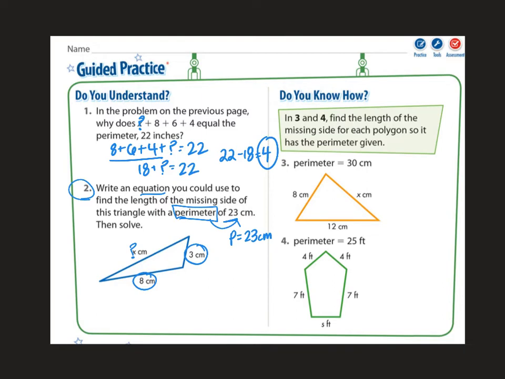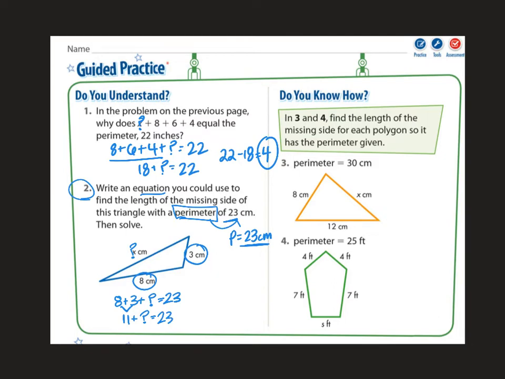So what we need to do, we can write the equation. 8 plus 3 plus something is going to equal, remember our total is 23. So if I add 8 and 3 together, that gives me 11. Plus what number is going to give me 23?